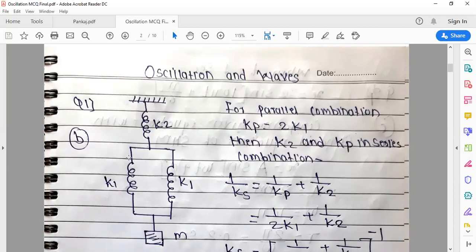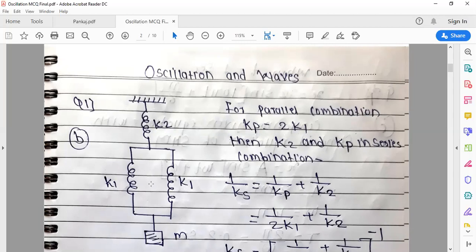Depending upon this system, calculate the resultant value of spring constant. So initially, calculate the value of spring constant for the parallel combination. The force constant for these two parallel springs remains the same, and Kp is equal to K1 plus K2, so its value is equal to 2K1.